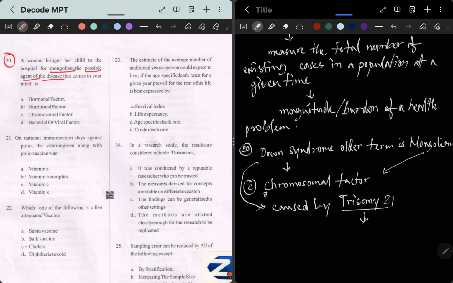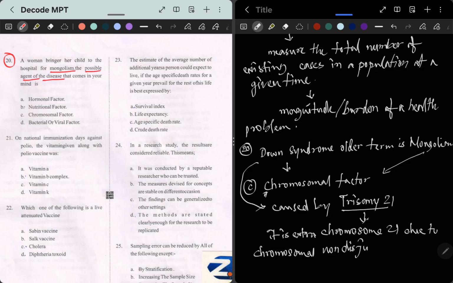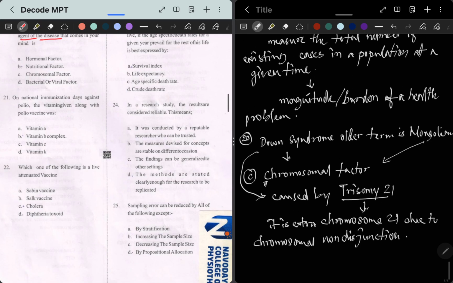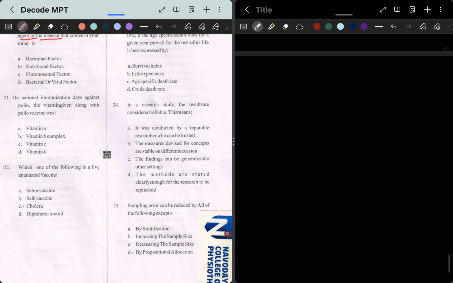It is an extra chromosome 21 due to chromosomal non-disjunction. So the answer will be the chromosomal factor.